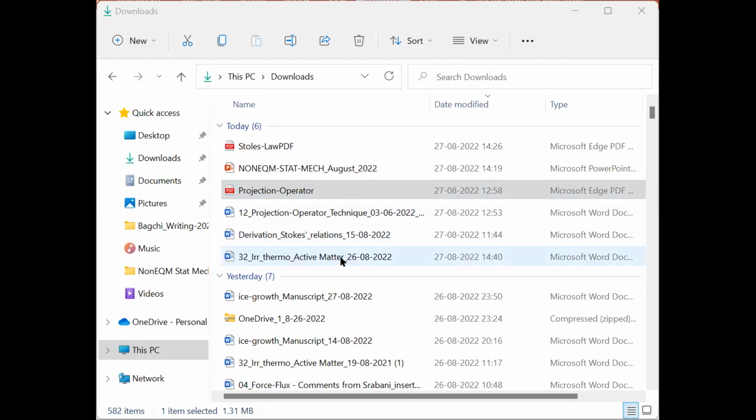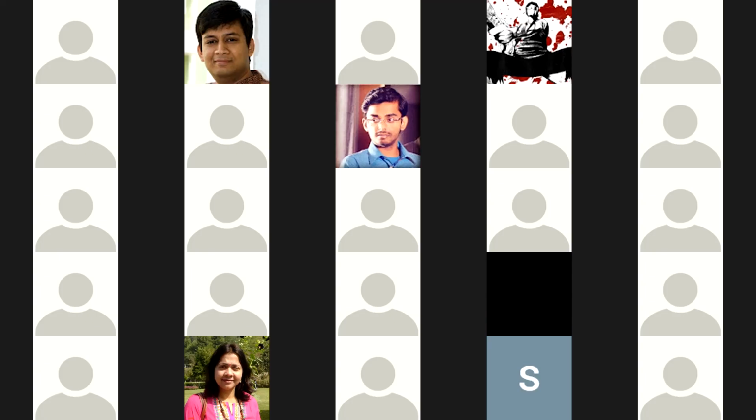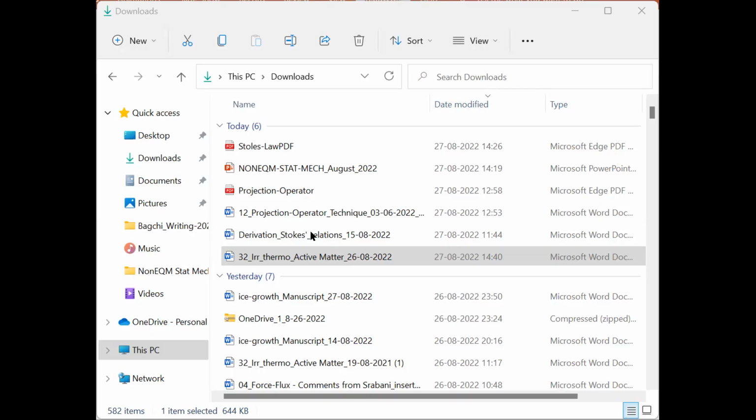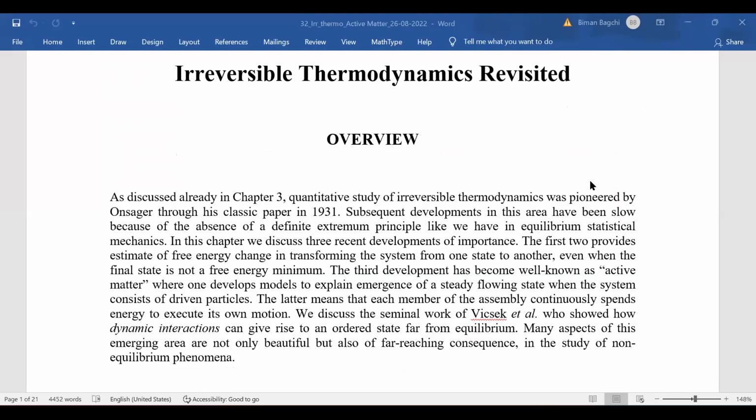Who knows where the PDF file went? There are too many equations. Okay, this is not it. Okay, now can you see this or not? No, sir, we cannot see the doc file. Okay, just a minute. Now? Yes, we can see now.